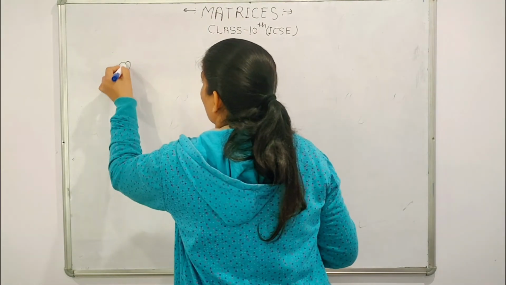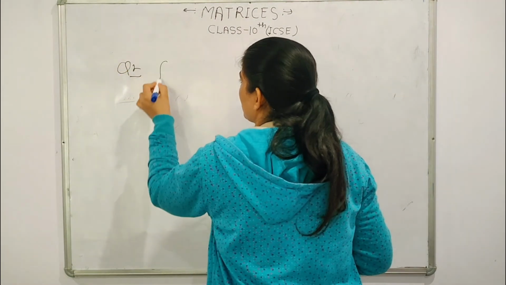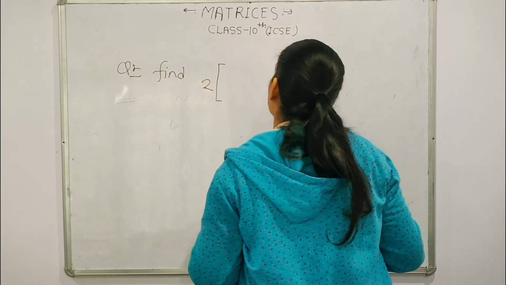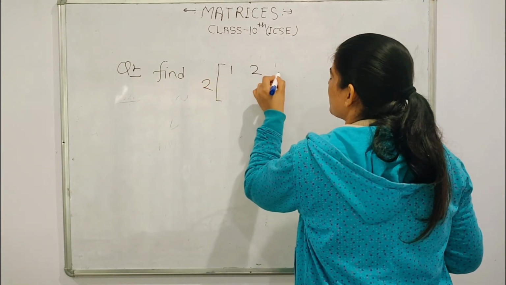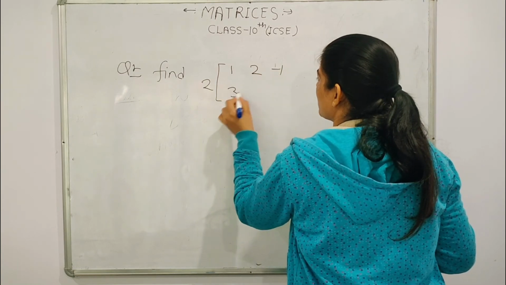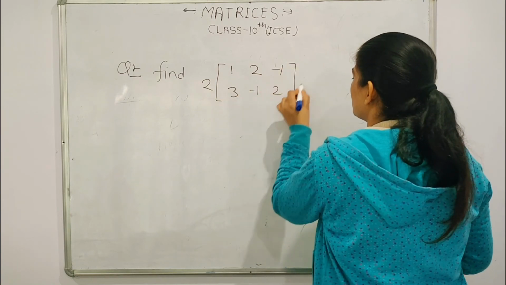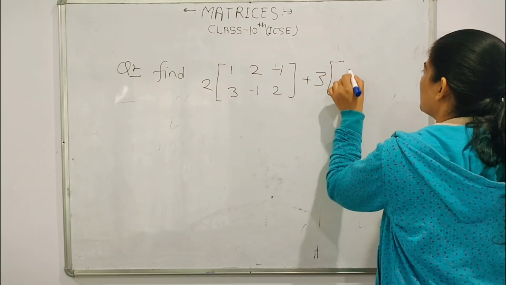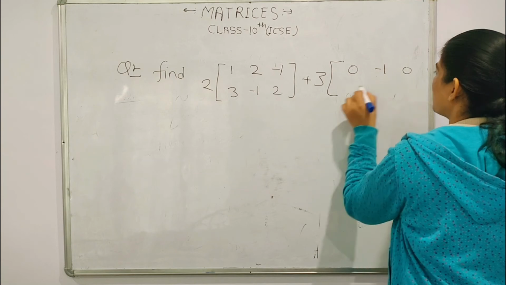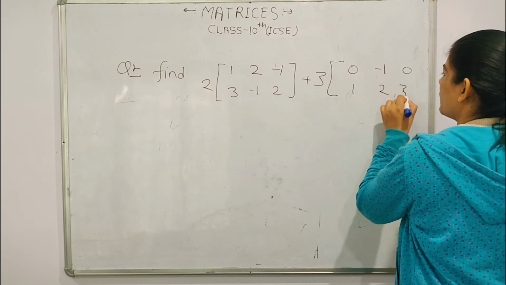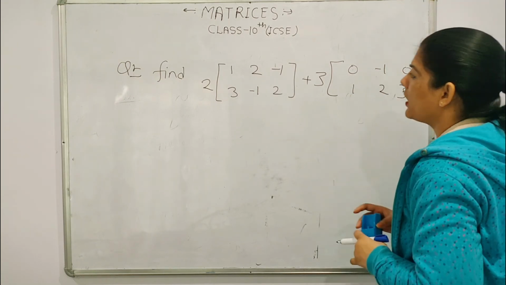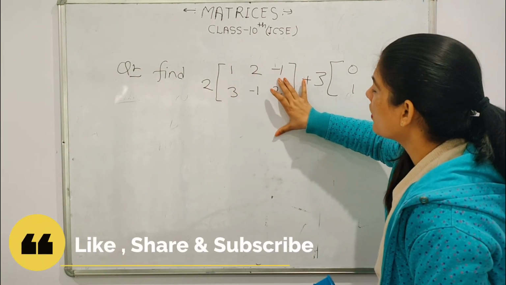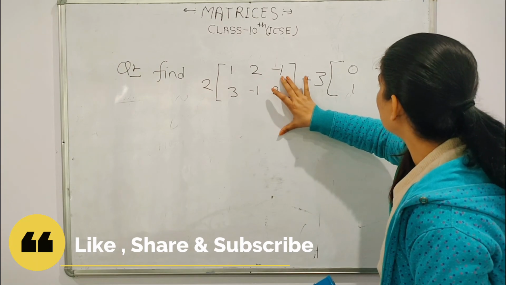So suppose the question is, find 2 times the first matrix plus 3 times the second matrix. So in this question you can see there is multiplication of 2 with this matrix.